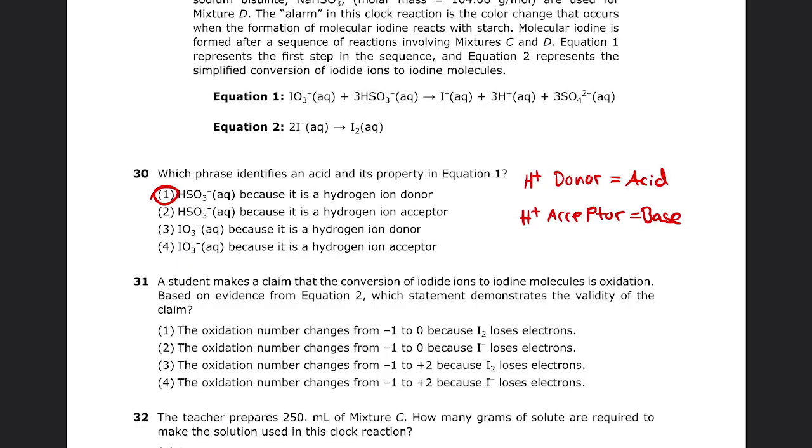So anyways, oxidation, we are looking for the loss of electrons. Okay, so we are going from minus 1 to 0 oxidation state. We know that this is a state of 0 because it's a free element, and here it tells us the oxidation state. What we are doing is we are getting more positive. If we are becoming more positive, that means that we are losing electrons, which are negative.